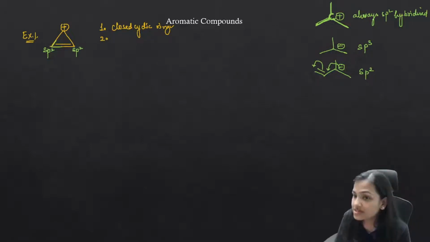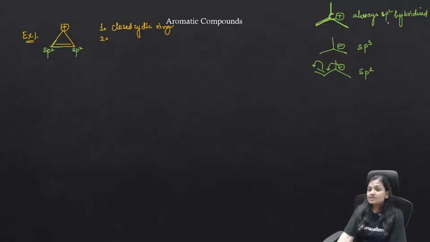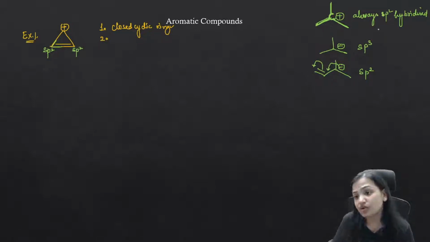Carbocation is always sp2 hybridized, because if you are not able to see the planarity, it will be very difficult for you to solve any question. They have a trigonal planar geometry, that's why they are sp2 hybridized.